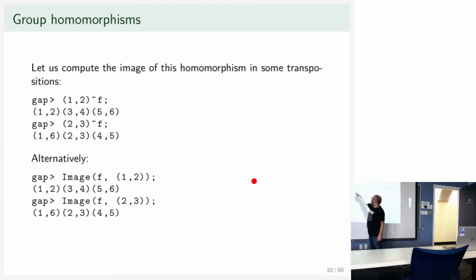If you want to know the value of the transposition (1,2) under F, this is what you have to do. Remember that GAP acts on the right, so this is like the notation. And here you have another value, which can also be computed in this way. But remember that you are always acting on the right. This looks like you're acting on the left, but good.